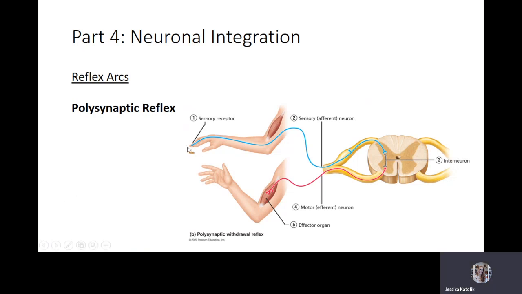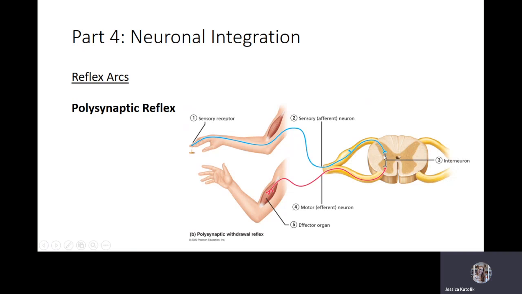This is showing an example of the withdrawal reflex. In this situation, we're going to have a pin, and the person will accidentally touch the pin, and the sensory receptor will convert that pain into an electrical signal that the nervous system can understand. What will then happen is that the sensory neuron will carry that information to the spinal cord, and the sensory neuron will synapse with the interneuron.